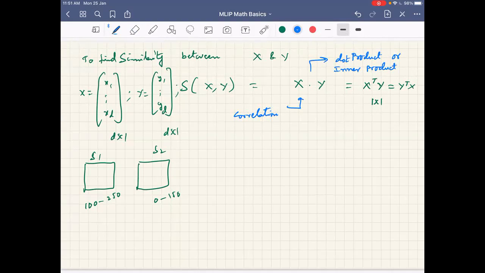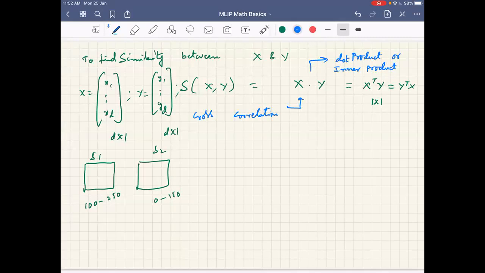Correlation is a term that gives the similarity, or the dot product. Correlation means exactly dot product only. It gives the similarity. Now, what kind of correlation is this? Between two different samples, so it is referred to as cross correlation.